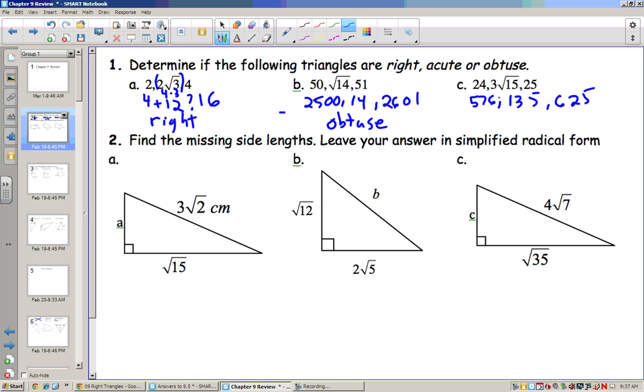These two are the two smallest ones. How does that compare with 625? Well, 576 plus 135 is 711. 711 is greater than 625, so this is acute.